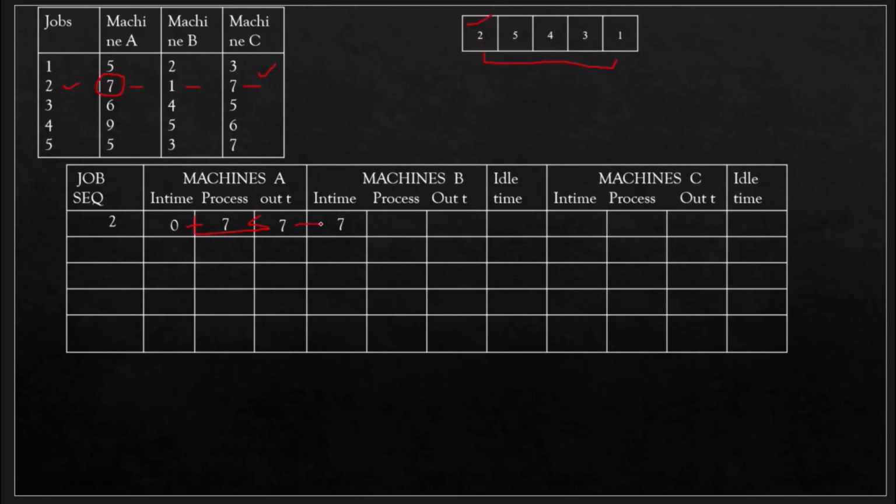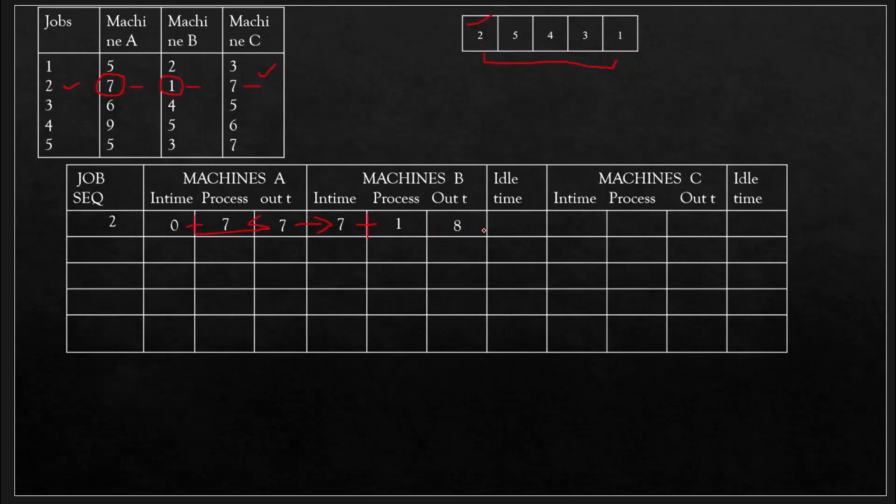So first machine to second machine. Then for machine B, job 2, the process time is 1 hour, so we'll place this 1 hour here. For the out time, if we add 7 hours plus 1 hour, we get 8 hours.